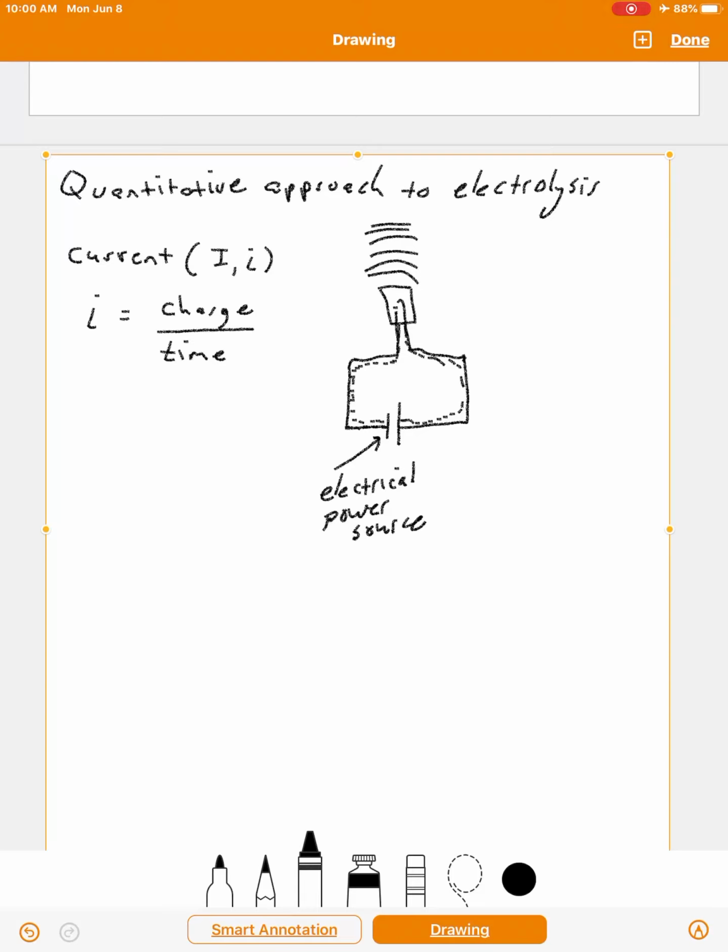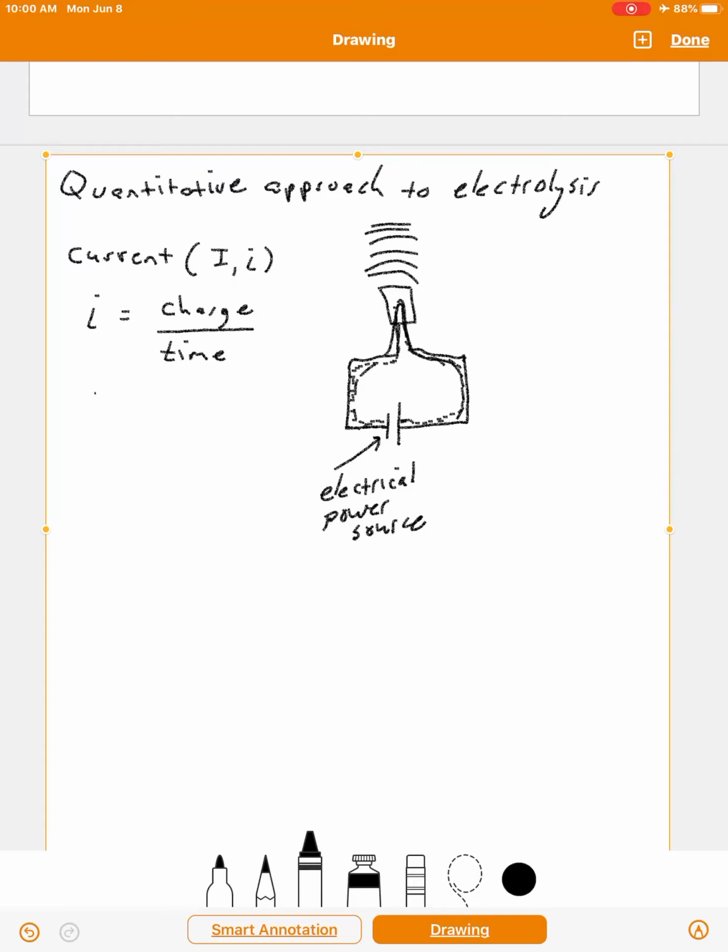There's a force you could talk about, but there's also an energy associated with that. We're not concerned with the discussion of energy right here, which is what we've done in previous sections. We're really just interested in the amount of charge that's being pushed through here and the amount of time. So the current would essentially be a measure of how many electrons are flowing through in a given amount of time.